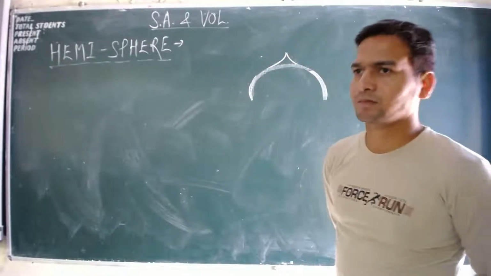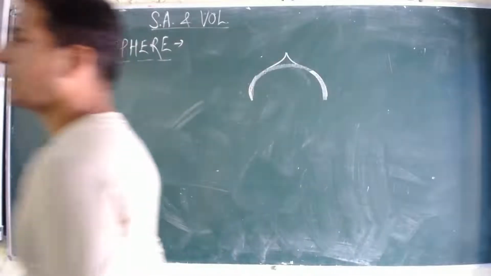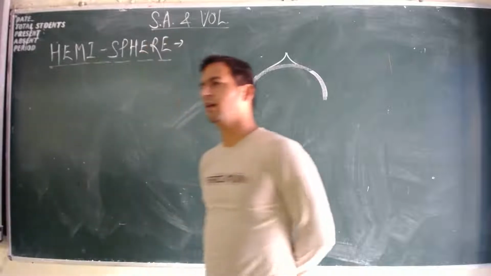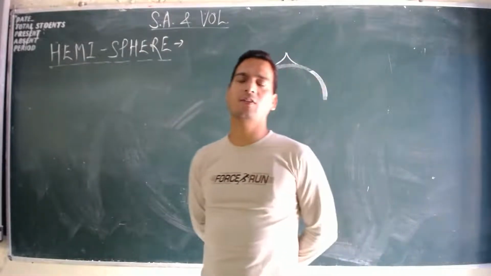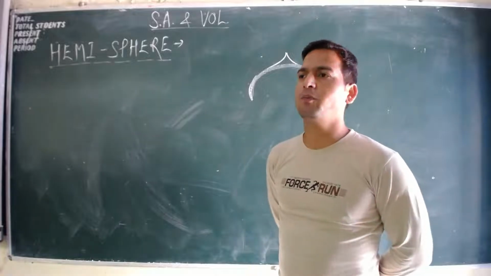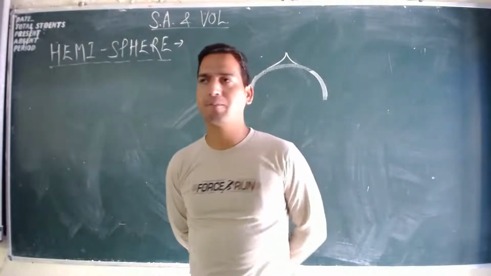Similarly, a globe is not hemispherical, it is spherical in shape. Globe is an example of spherical shape.